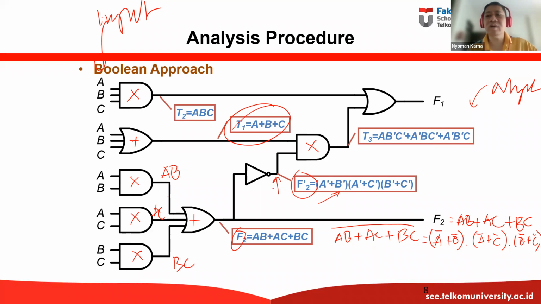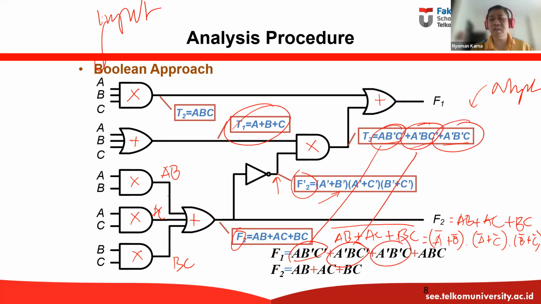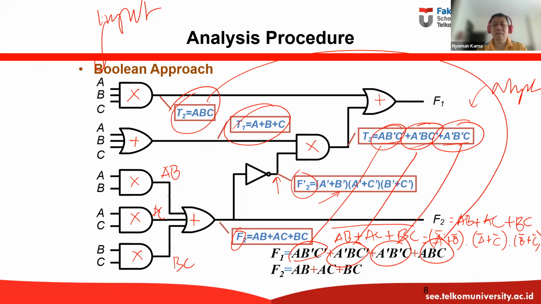Okay. Now the last one, which will represent the F1, is the addition, the OR gate, which in this case is ABC plus AB naught C naught plus A naught B C naught plus A naught B naught C. So this one, A B naught C naught, A naught B C naught, and then A naught B naught C, and then this one comes from this one, because it's an addition.